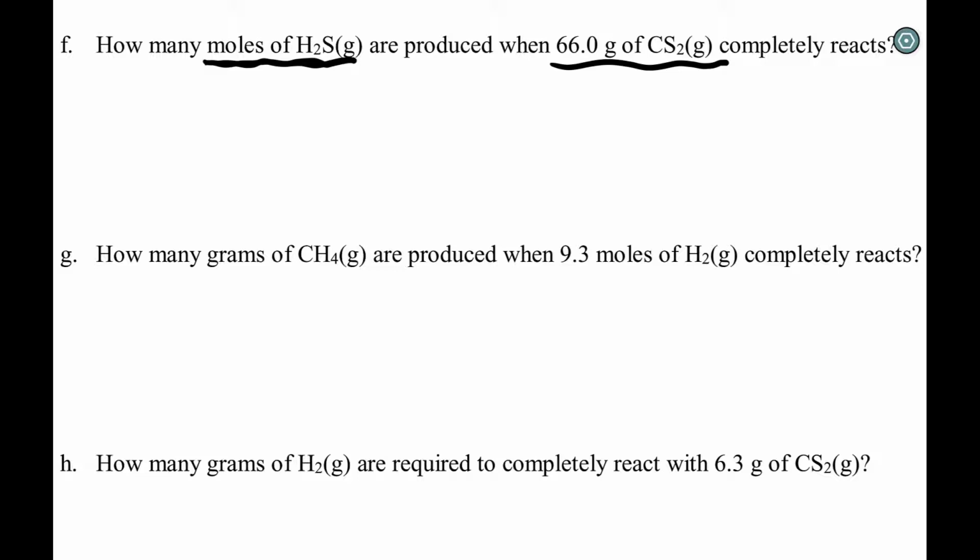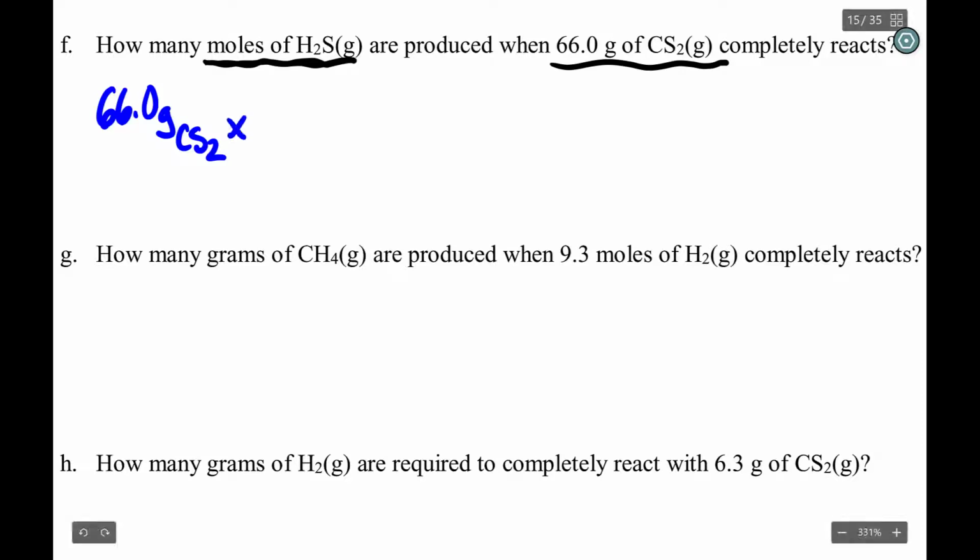Now that you've had a chance to give it a try, let's go through the answer. So, starting with the number we're given, 66.0 grams of CS2, we must make a conversion to moles of CS2 because that is the only way we can compare two different compounds in a reaction, is through moles. Grams is no good to me unless I convert it to moles.